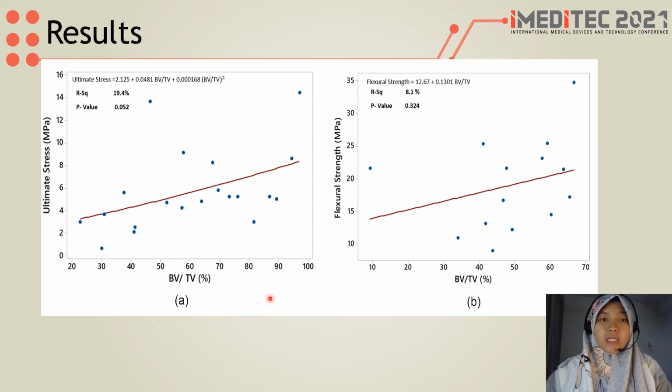In figure A, the correlation between ultimate stress of cancellous bone under compression test and bone volume fraction showed a correlation of 19.4%, whereas the flexural strength under three-point bending test and bone volume fraction, BV/TV, showed a correlation of 8.1%.